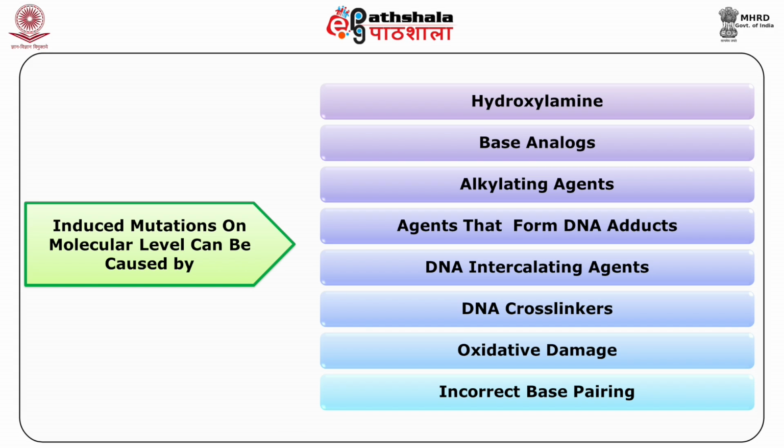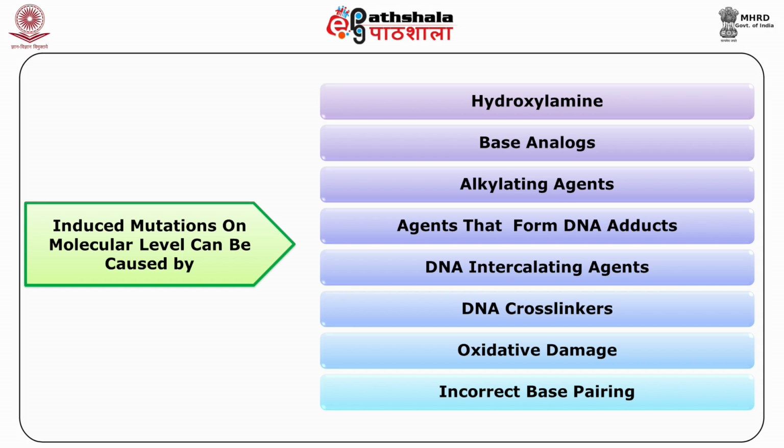In contrast, a base analog can mutate the DNA only when the analog is incorporated in replicating DNA. Each of these classes of chemical mutagens has certain effects that then lead to transitions, transversions, or deletions.